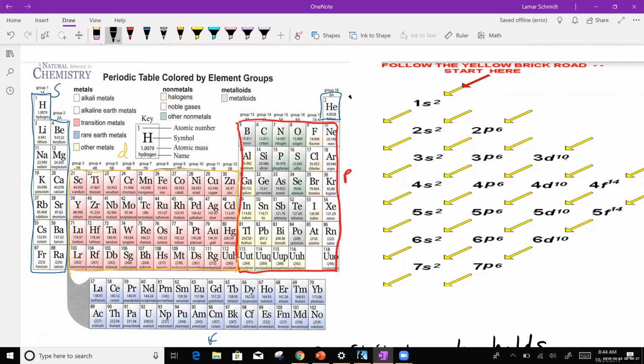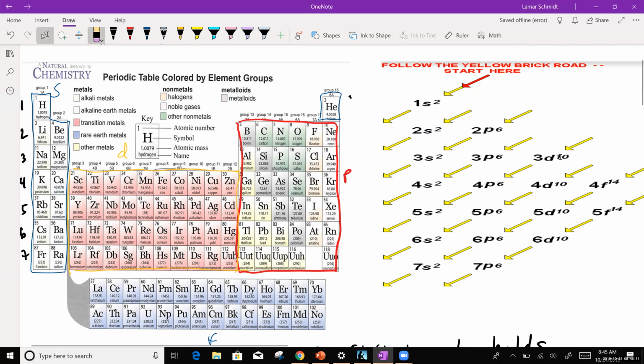If we look at our period number, meaning the number of horizontal rows, we can look at this as 1, 2, 3, 4, 5, 6, 7, and we can think of those as energy levels, but only for the S and the P. If you look at your yellow brick road, you will only see 7 for S and P. You will not see that for the D and the F. These hold true for being energy levels for S and P orbitals only, but not the D orbital.